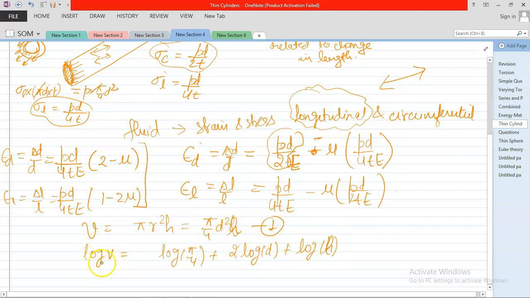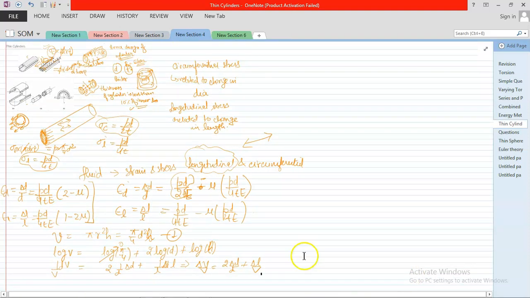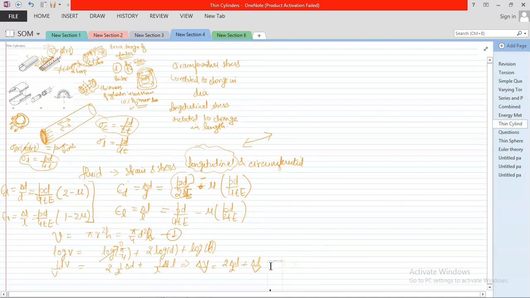Now I am going to differentiate it. Now what will it be? 1 by V dV is equal to, this is 0 because this is a constant term, 2 times 1 by d delta d plus 1 by L delta L. So if I write it like this, then it will be delta V by V is equal to 2 times delta d by d plus delta L by L. Is it okay?